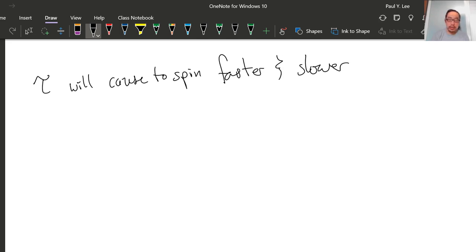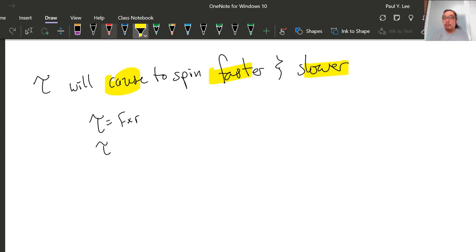All right, so much like force can cause an object to move faster or to move slower, torque also causes an object to spin faster or spin slower. Now, in a future video, I'm going to go into more depth on this idea, but there's actually two versions of torque. So we know torque is F cross R, but the other version of torque has this idea of causing it to spin faster and slower.